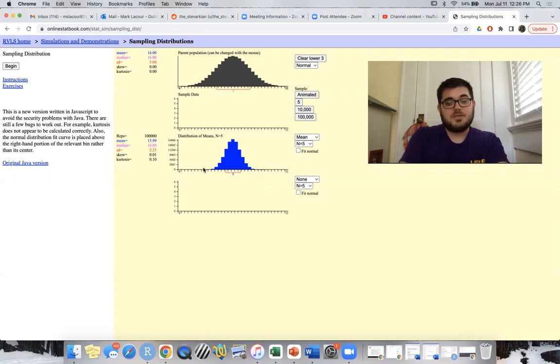The sampling distribution is not as dispersed as the population distribution. The standard error down here, if you're one standard error above the population mean, means you're about right here. You cut off the bottom like 70% of the sampling distribution.